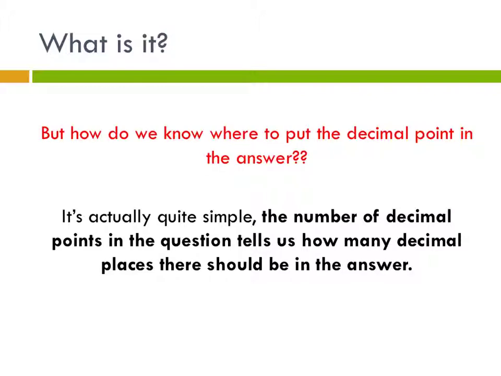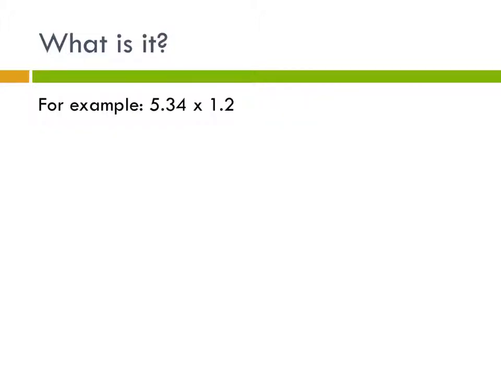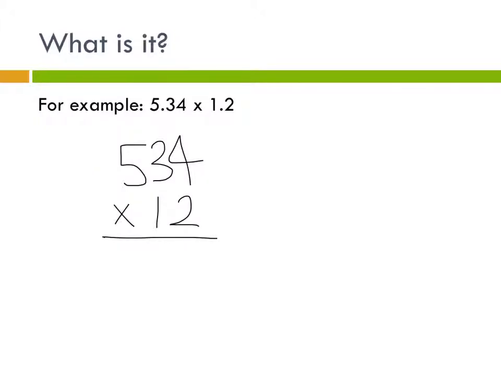Let me show you. If we have 5.34 and we're multiplying it by, say, 1.2, for the time being I'm going to ignore the decimal points and say 534 multiplied by 12, and I'm going to perform my calculation ignoring the decimal points.